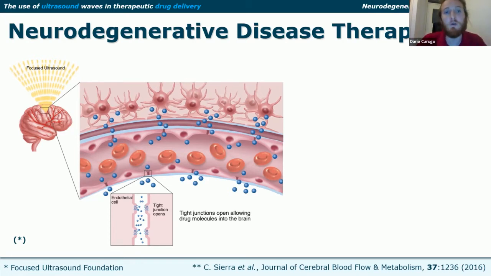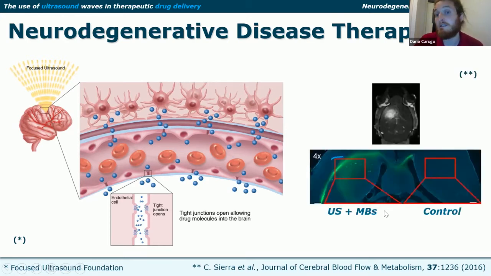So the opening of what we call the blood-brain barrier can be quite difficult to achieve, and particularly it has to be reversible because we don't want to damage the vasculature of the brain permanently. There's been significant research in this area showing that indeed the application of ultrasound and microbubbles can enhance delivery of compounds into the brain. In this image, you can see on the left-hand side, the treated region compared to the control.